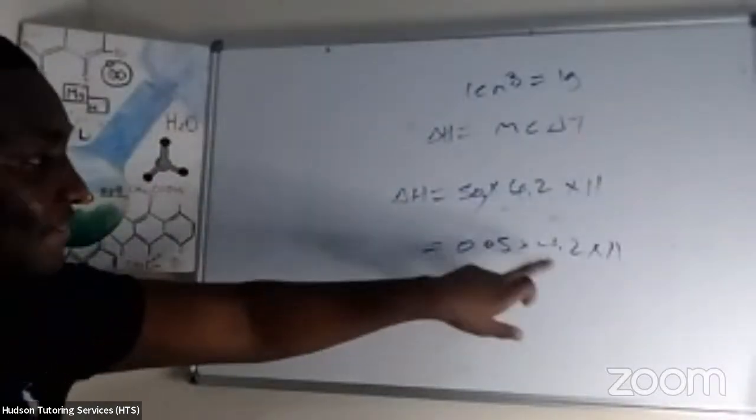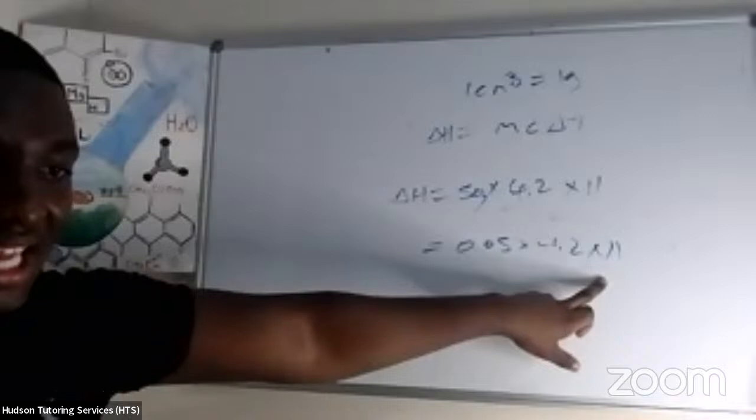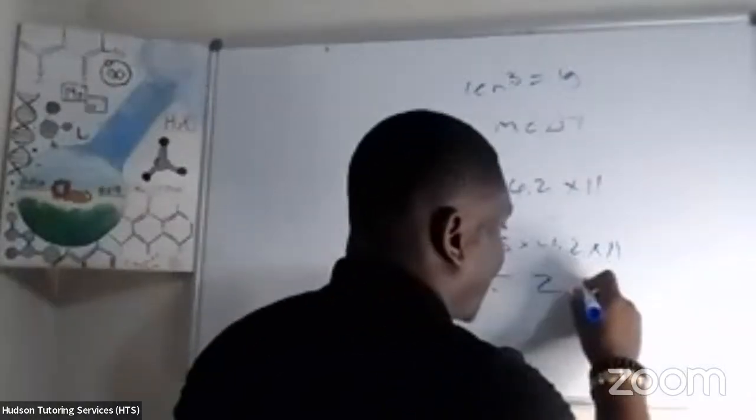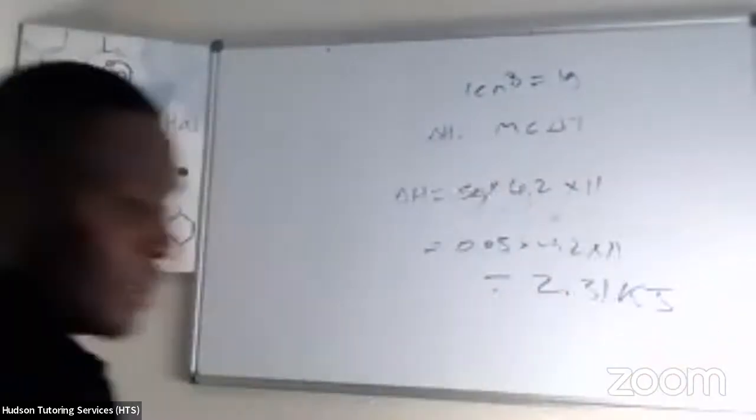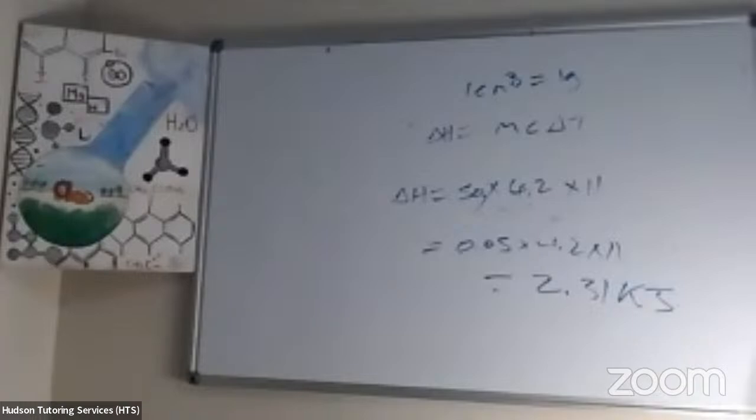Take out the calculator for me. So it's 0.05 times 4.2 times 11. What do we get? All right, give you some time. So that's 2.31. That's what I get, 2.31 kilojoules. Let me know if that's what everybody gets.